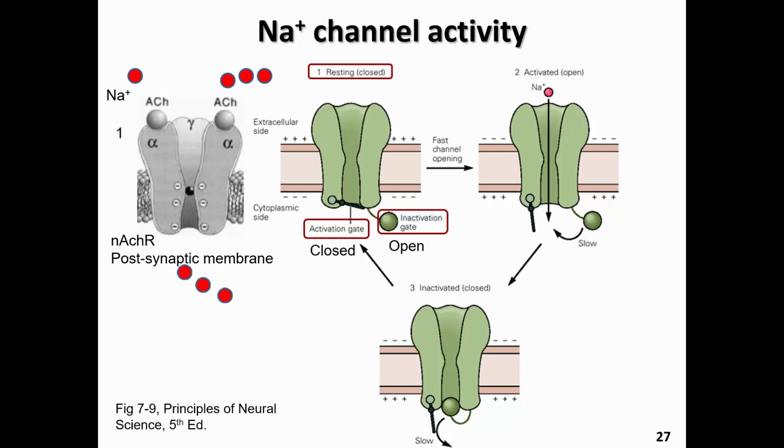And when that happens, we see that these sodium ions will move through the channel and enter the interior of the membrane, inside the cytoplasm. When that happens, that will take a resting state sodium channel, which is a voltage-gated sodium channel.